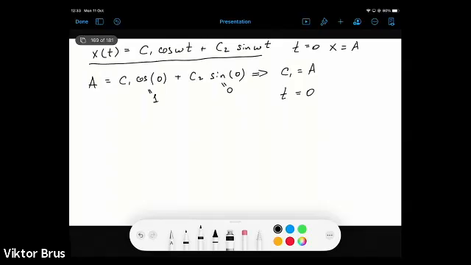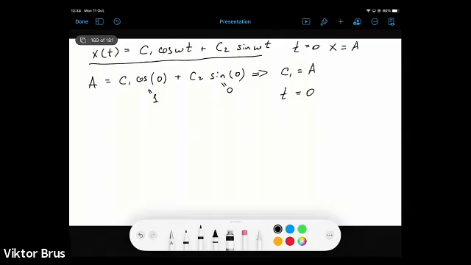We know that at the initial point, x is maximum, meaning it reaches the maximum value and doesn't move. So it means that the velocity of the block is 0.